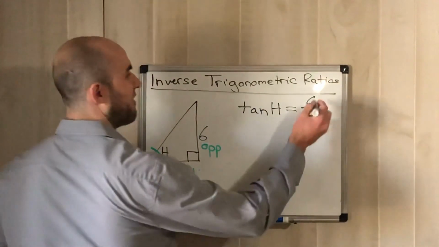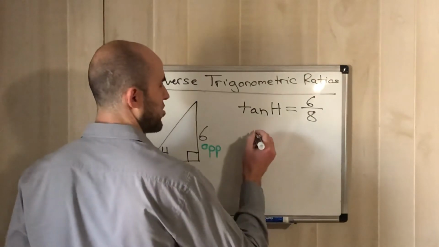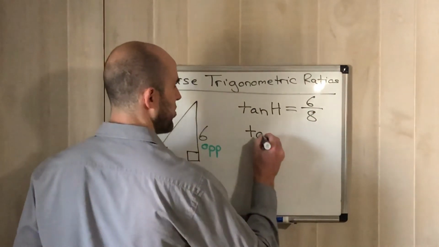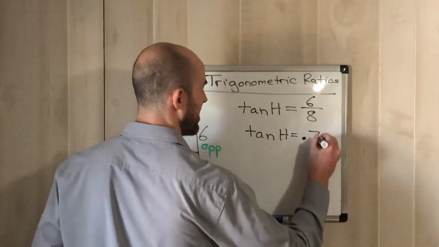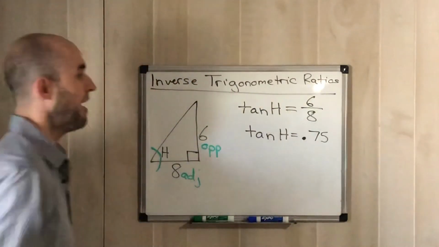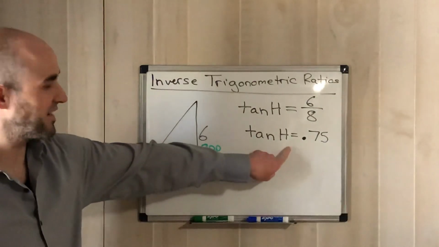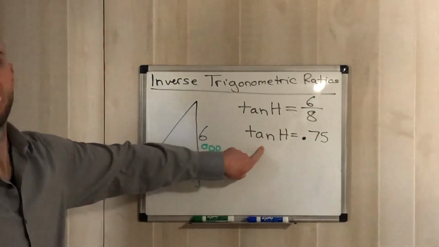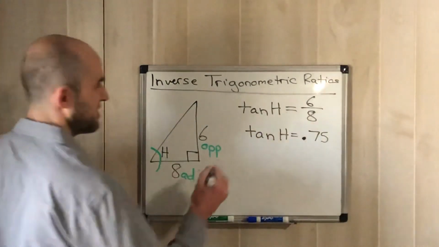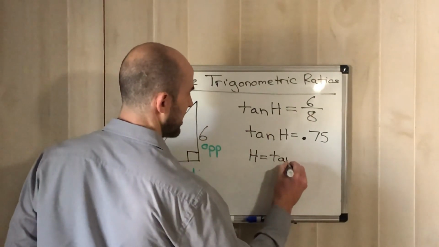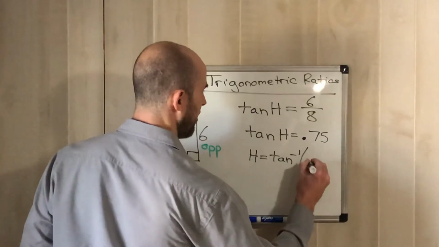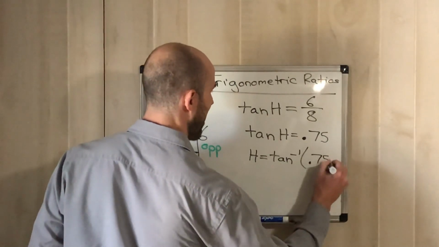Now in order to solve it again, let's transform 6 over 8 into a decimal. So we have that tangent of h is going to equal 0.75, right? And now we want to get h by itself, right? We got to get rid of tangent. Opposite of tangent, the inverse of tangent. So we're going to end up doing tangent inverse of 0.75.